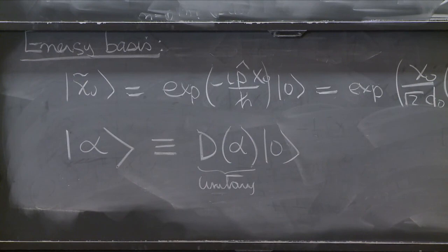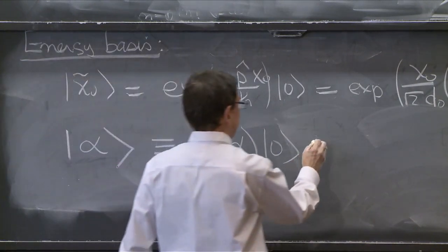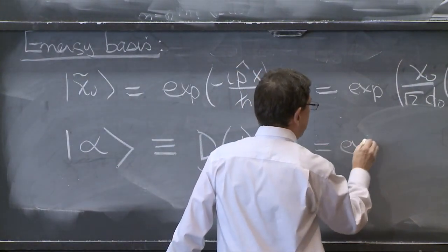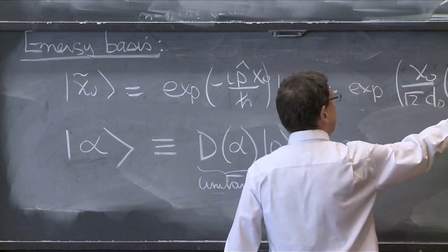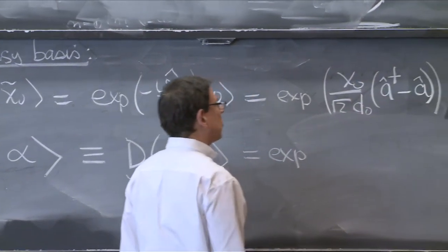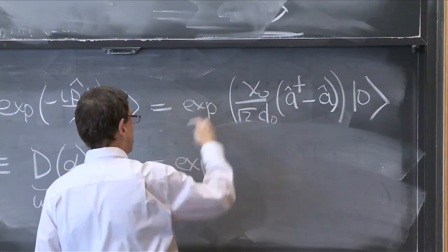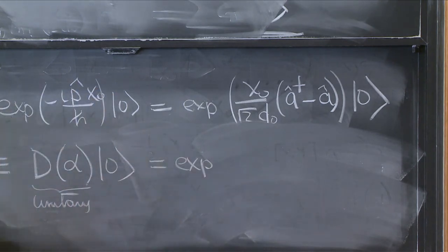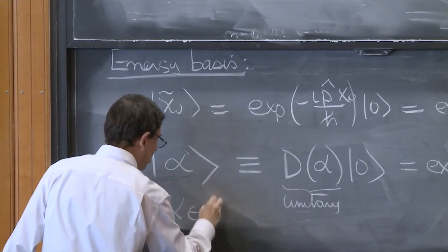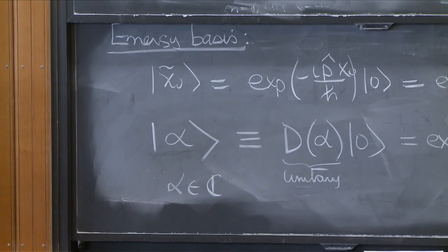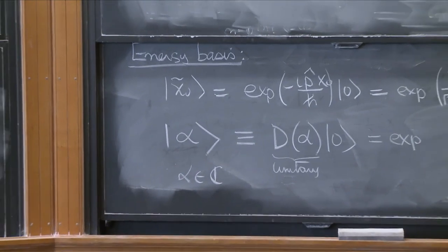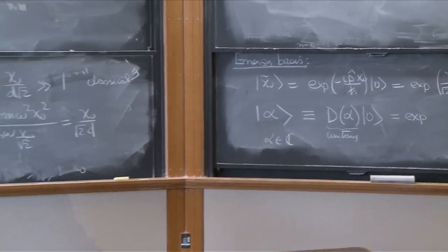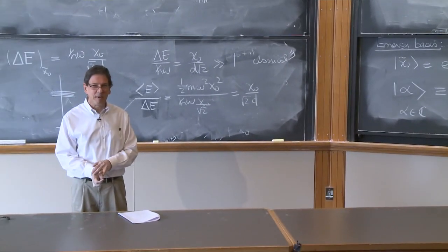But now generalize what you had there. Here you put a real constant times A dagger minus A, because that was anti-Hermitian. Now this alpha will belong to the complex numbers. Quantum mechanics is all about complex numbers. You've got complex vector spaces, complex numbers.